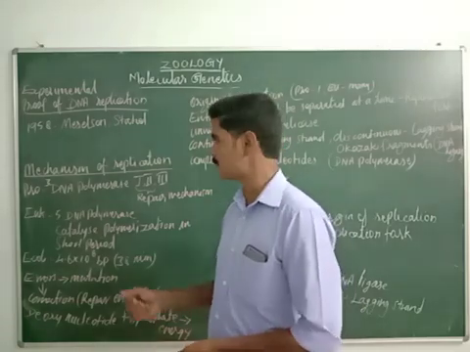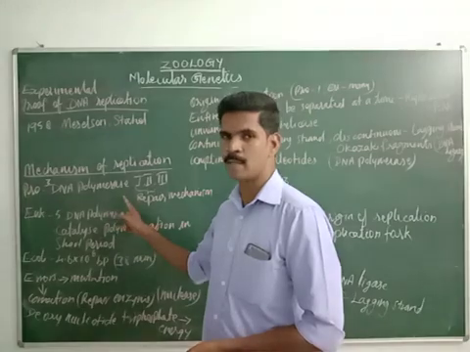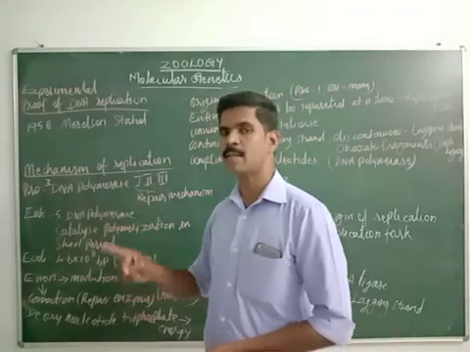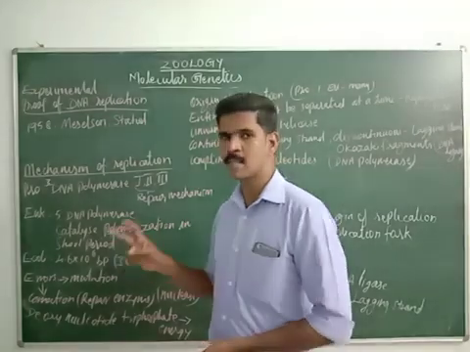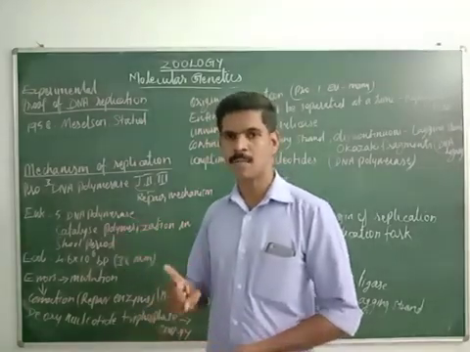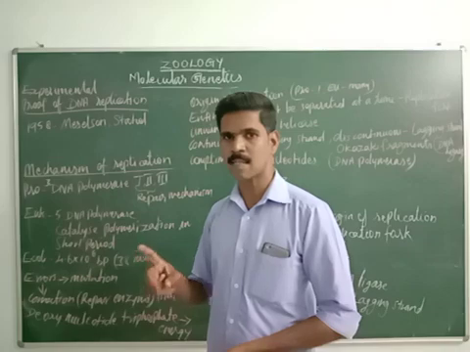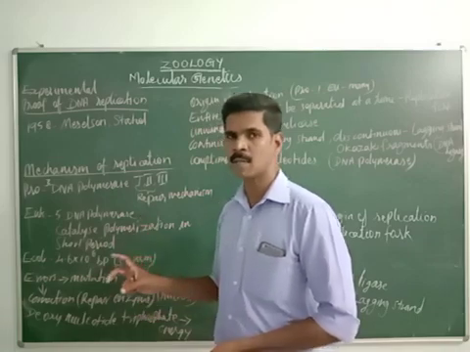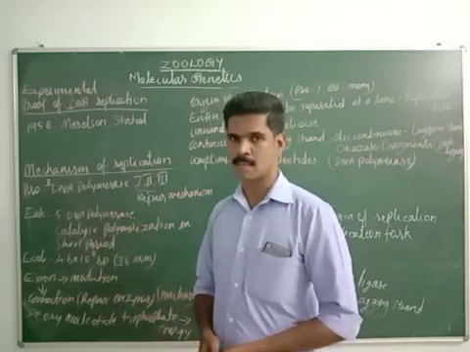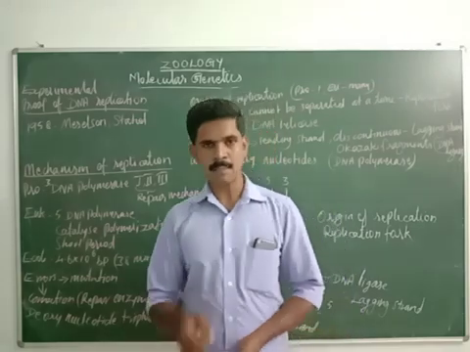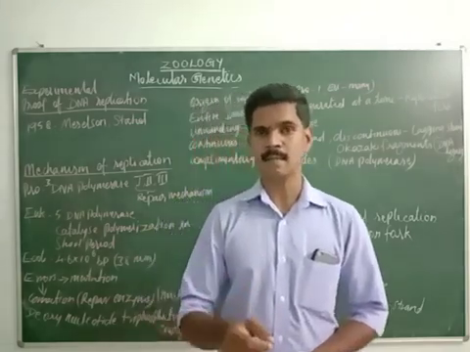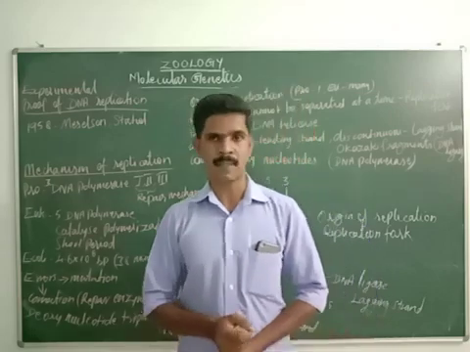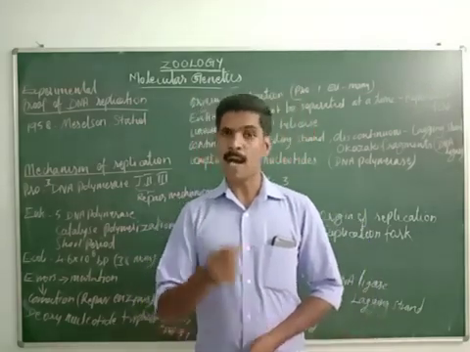The names of the three enzymes are DNA polymerase 1, DNA polymerase 2 and DNA polymerase 3. These three enzymes play a very important role in the replication process. In prokaryotic organisms, DNA polymerase 3 plays the main role in replication.